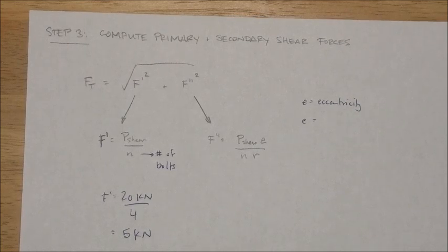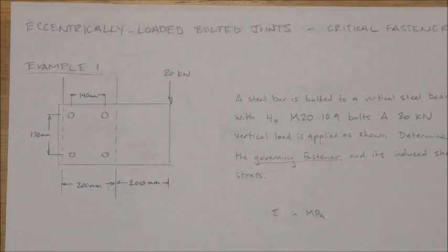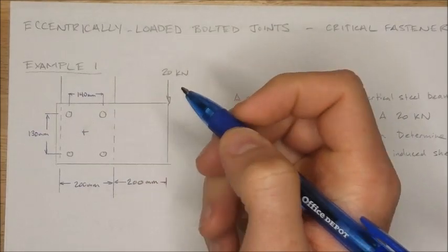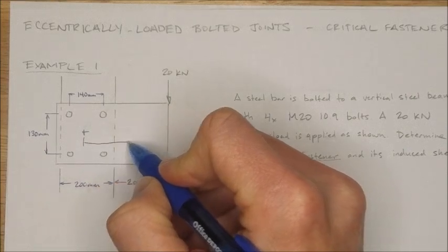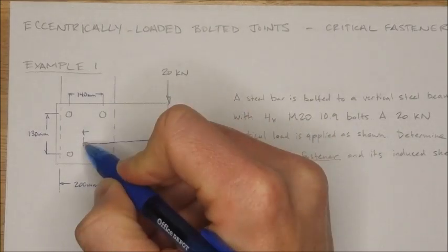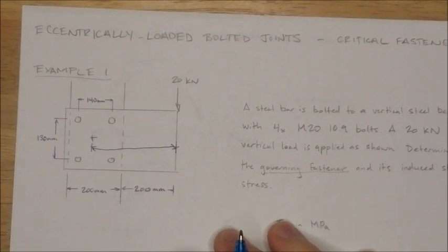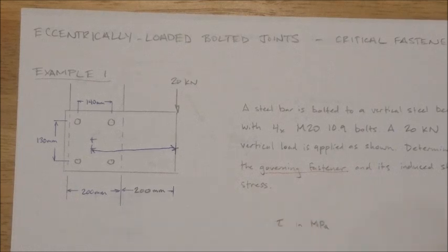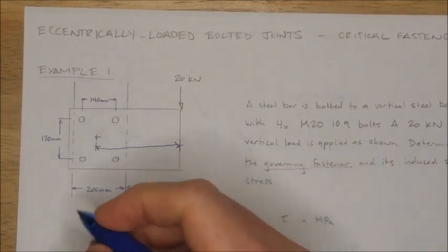To do that, let's take a look at our diagram here. All right. What is our eccentricity of the load? It is this distance. And guys, on any example like this, if it's a quantitative problem, it will have all the dimensions. It shouldn't be very hard to find. So I'll just quickly rewrite it here.